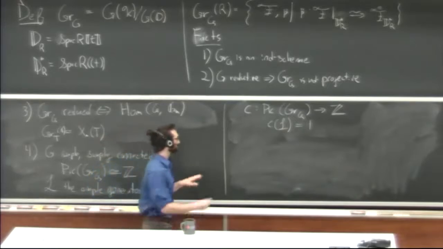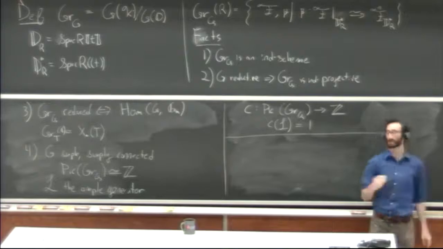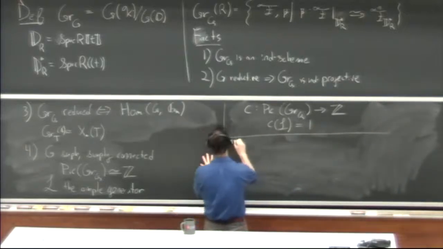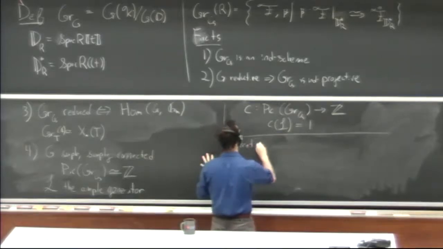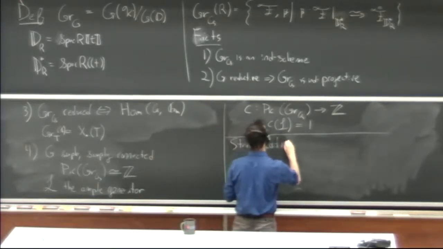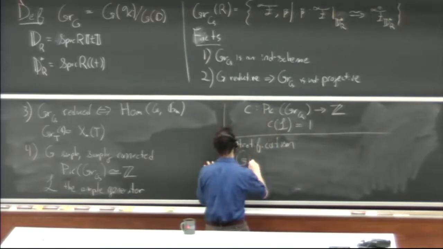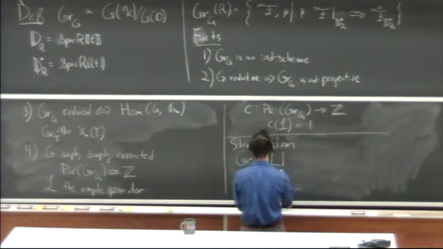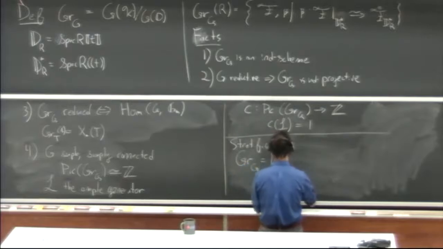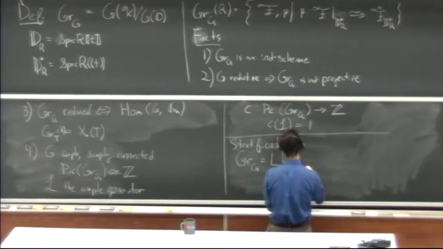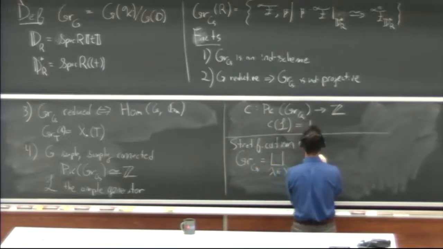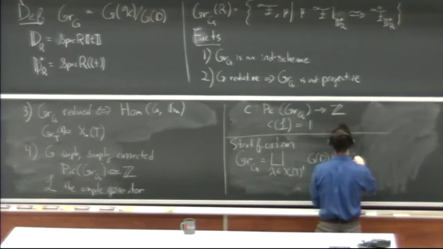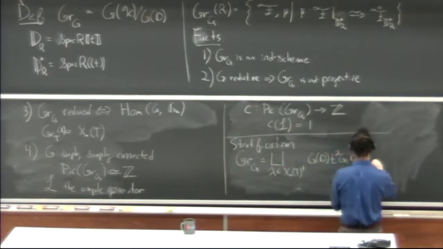Okay, then we have a bunch of geometric facts about affine Grassmannians. So there's a stratification. We can write Gr G as a disjoint union, over lambda inside the dominant co-characters, of these double cosets, G(O) t^lambda G(O) mod G(O).